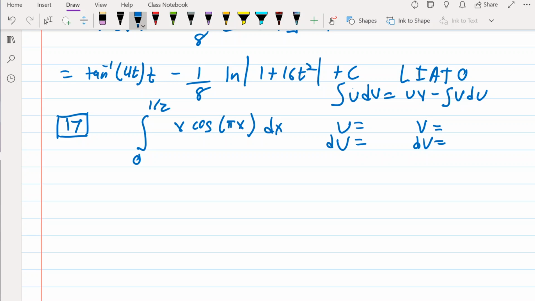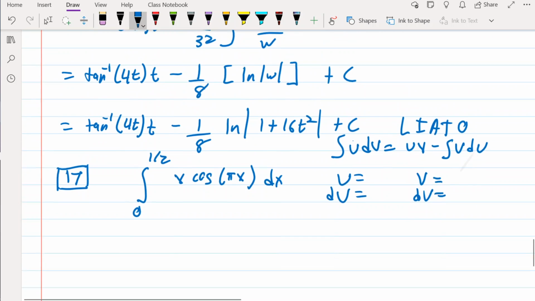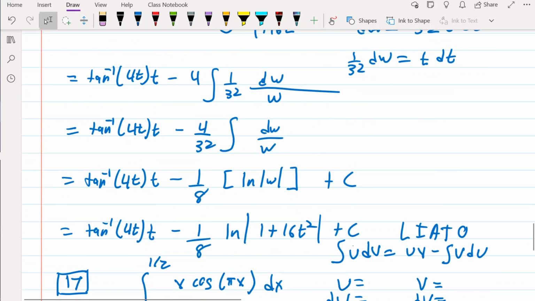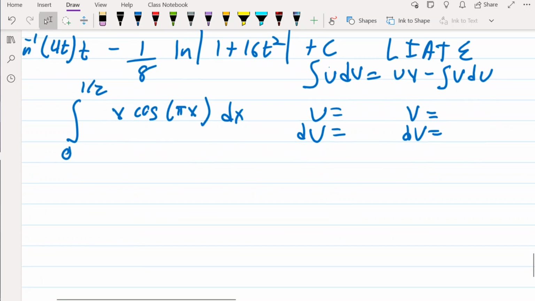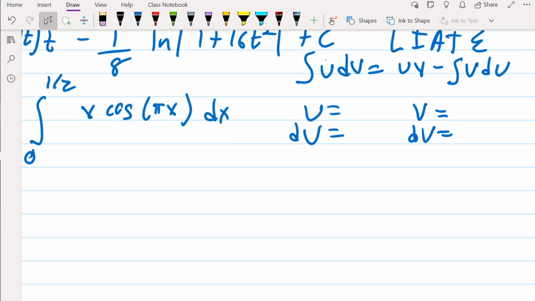So our first thing is to look for what we have. We do not have any logarithms. We do not have any inverses. We do have an x and we have a trig function. So I believe we'll pick the cosine of pi x to be our u, and we'll set x dx to be our dv.